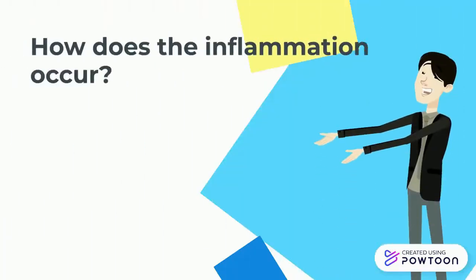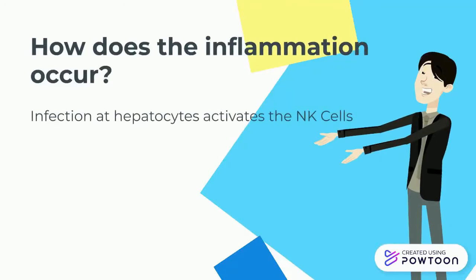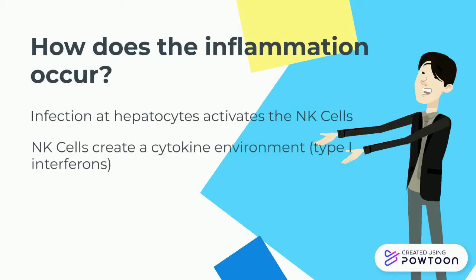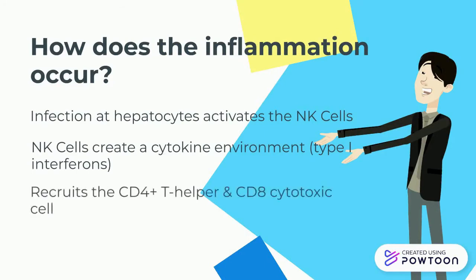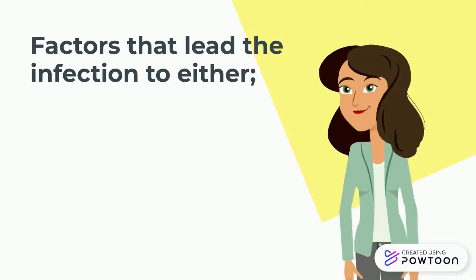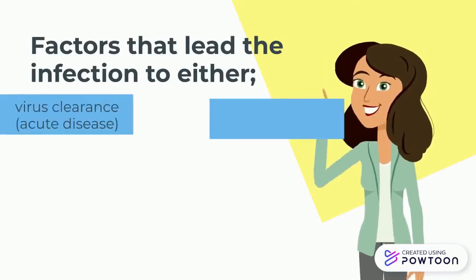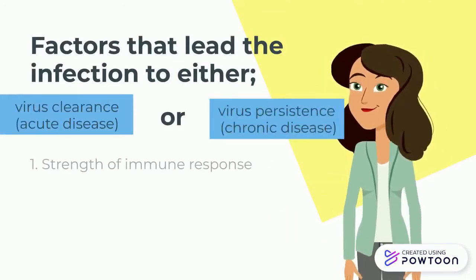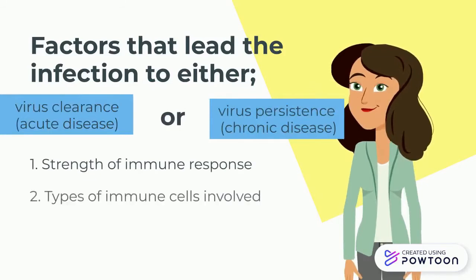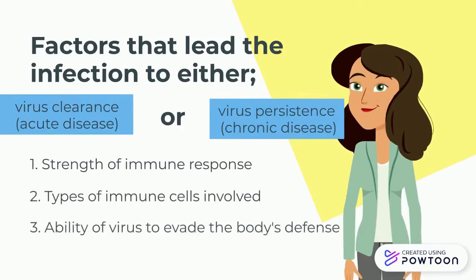How does the inflammation occur? Infection at hepatocytes activates NK cells. NK cells create a cytokine environment. It then recruits T helper cells and cytotoxic cells to create inflammation. Factors that lead to either clearance or persistence of virus are strength of immune response, types of immune cells involved, and ability of virus to evade the body's defense.